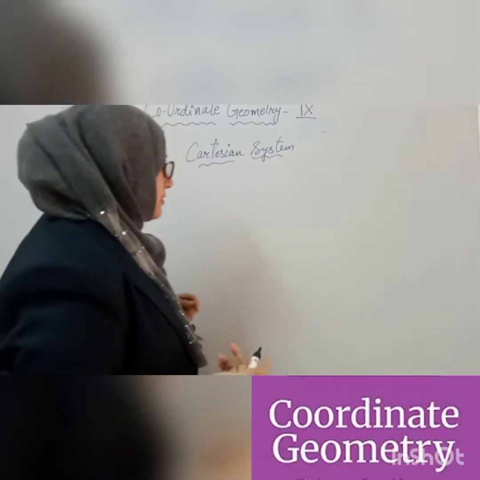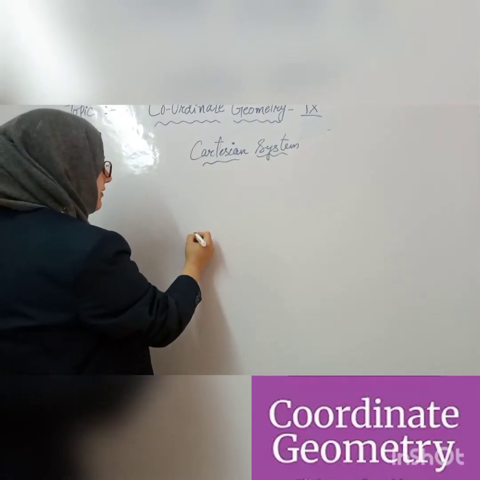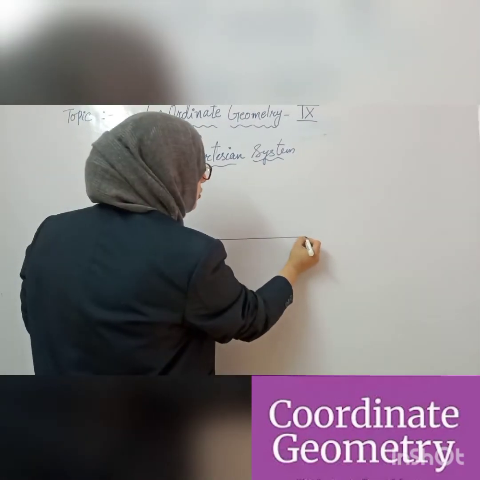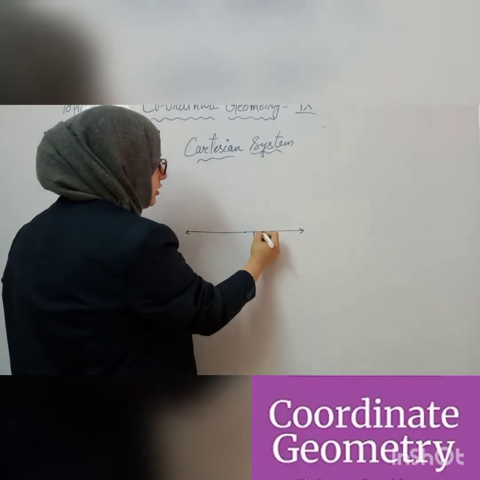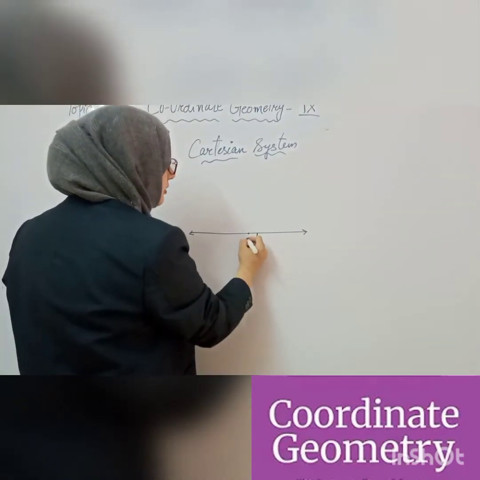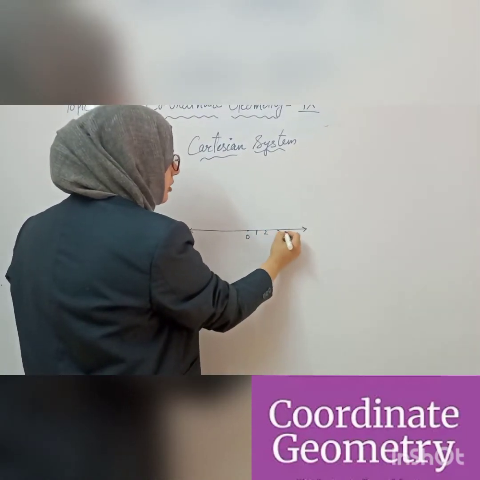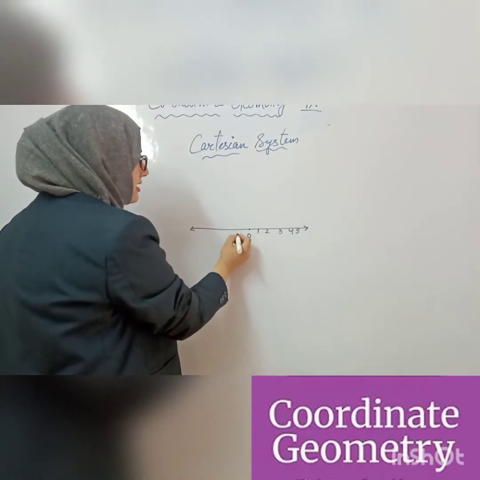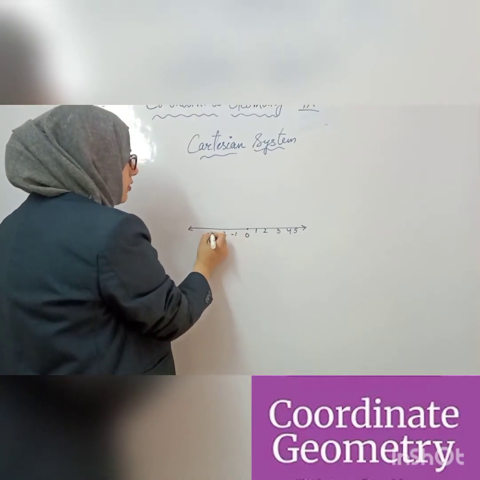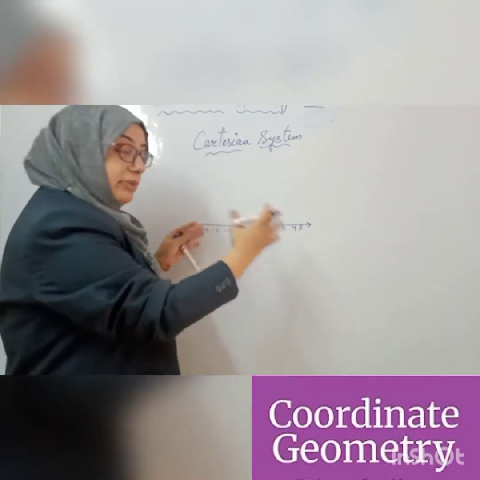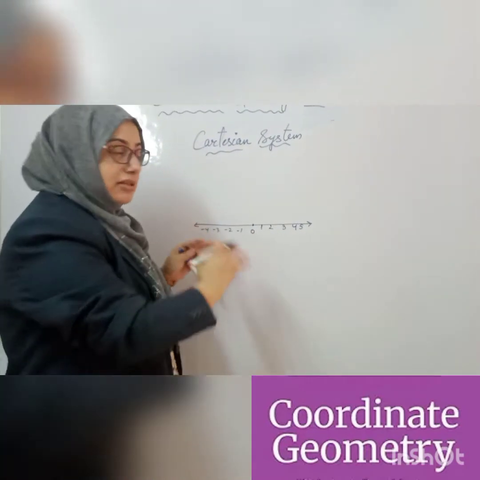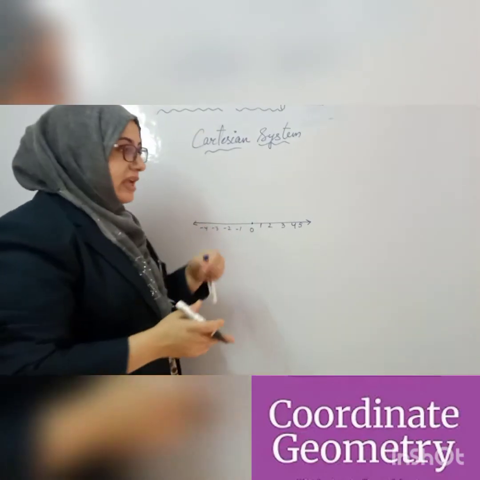Two lines means, for example, if I have one horizontal line, a number line, you know that this side of the number line is always the positive numbers and this side of the number line is always the negative numbers. So this is a number line, but it is a horizontal number line.